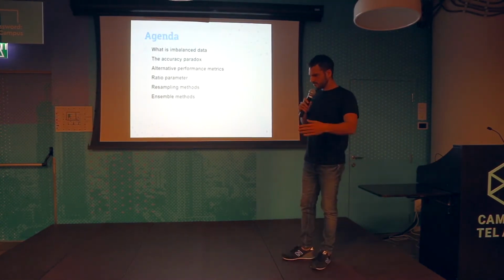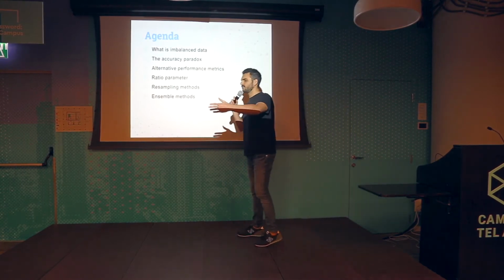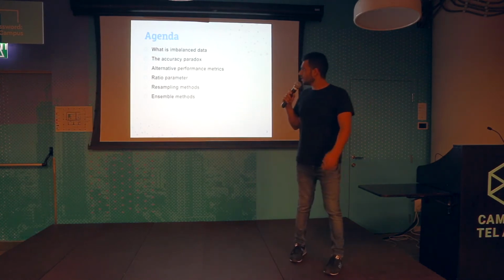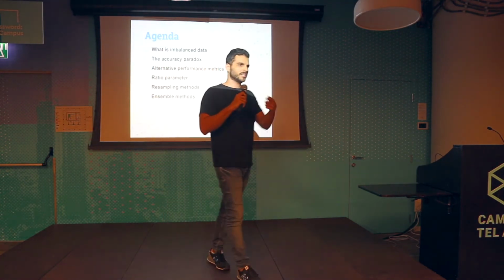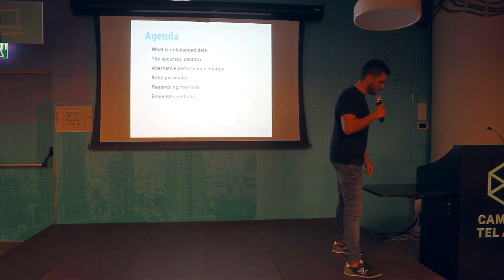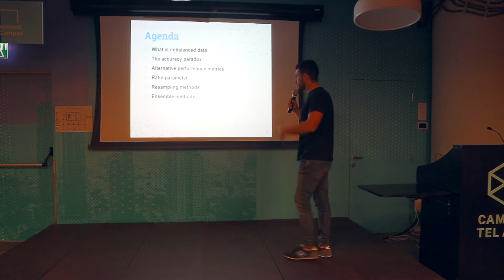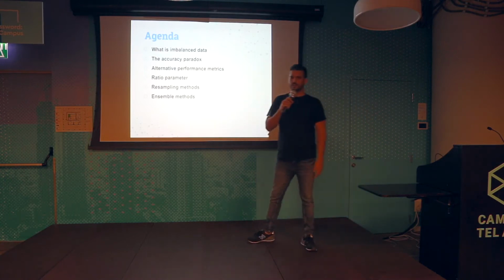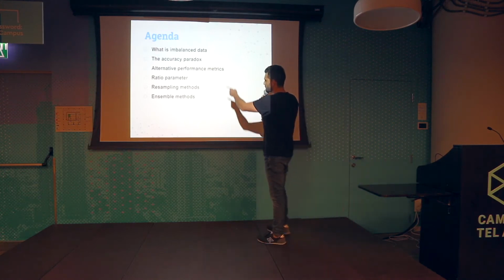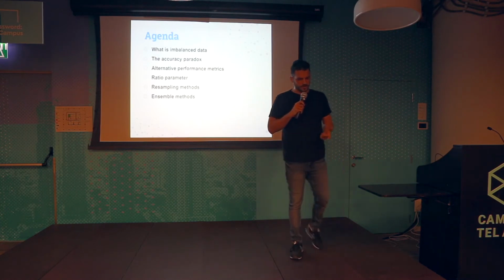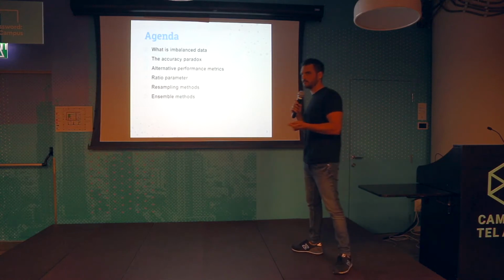So let's just go through the agenda for today, what we're going to talk about. Basically, we're going to define what is imbalanced data first. Secondly, we're going to talk about the accuracy paradox, on which Michael had touched in his previous talk, and we're going to see why accuracy isn't such a good metric. We're going to propose some alternative performance metrics to accuracy. The last three bullets are going to be the tools that I hope to provide you guys to tackle the problem hands-on.